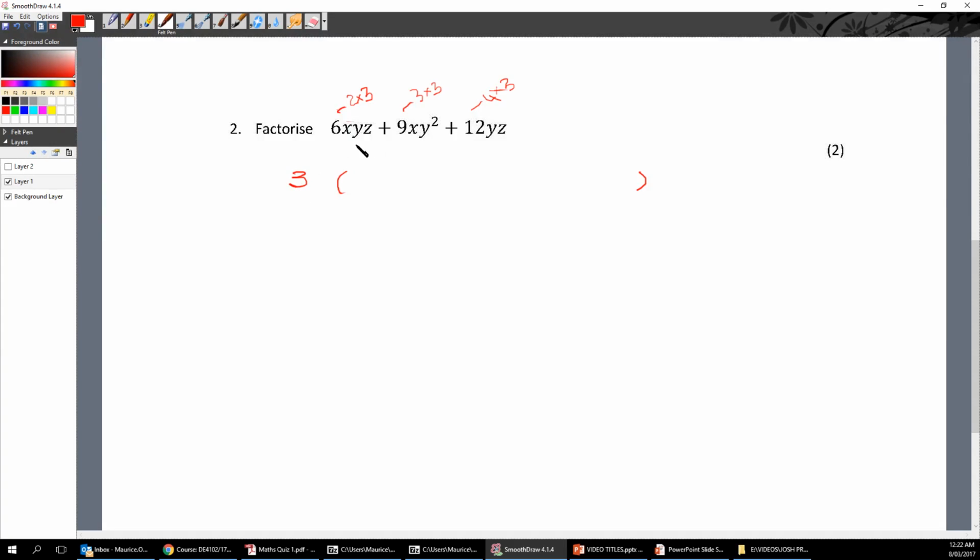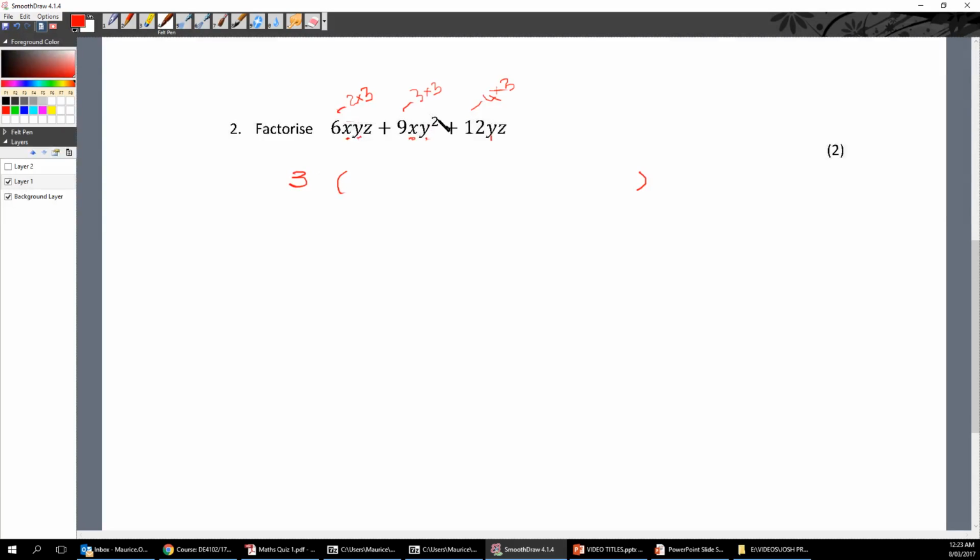Now I'm going to have a look at x's. There's an x there. There's an x there. But there's no x here. So x can't be a common factor to all 3 of those. Y, there's a y there, a y there, and a y there. Now y can be a common factor then because it's in all 3.